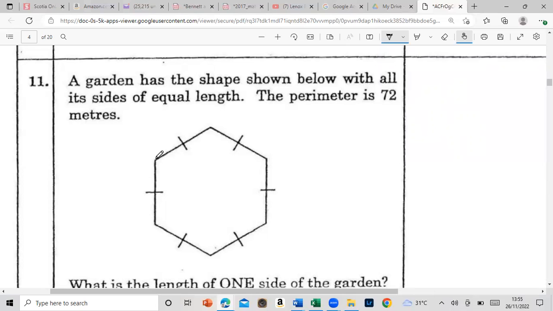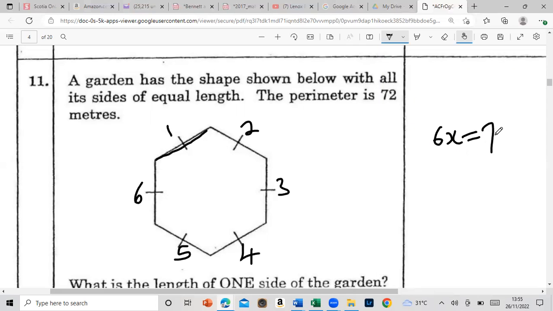So this would be one side. So let's say how many sides? 1, 2, 3, 4, 5, 6. Alright, so there are 6 sides. So let us call it x. 6x is equal to 72. And then we divide by 6.